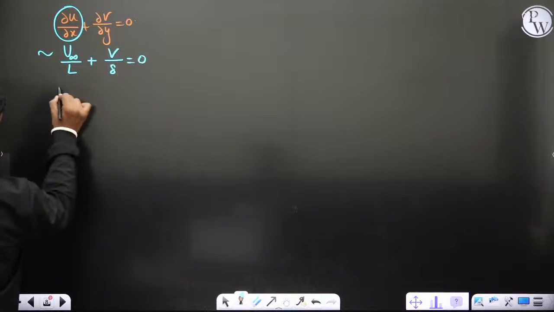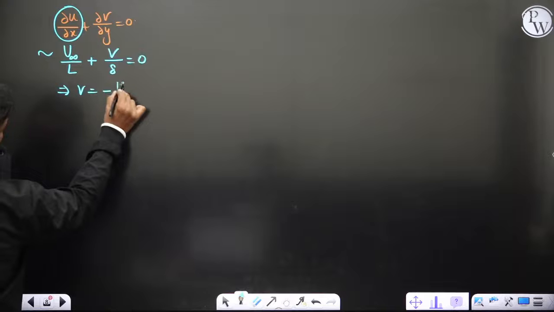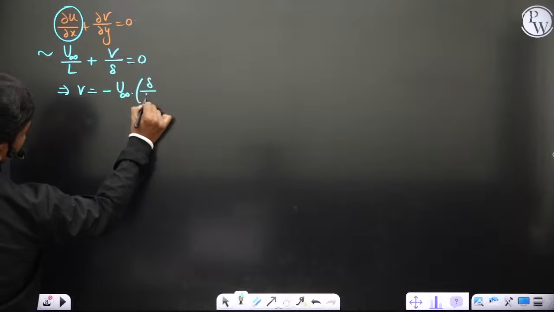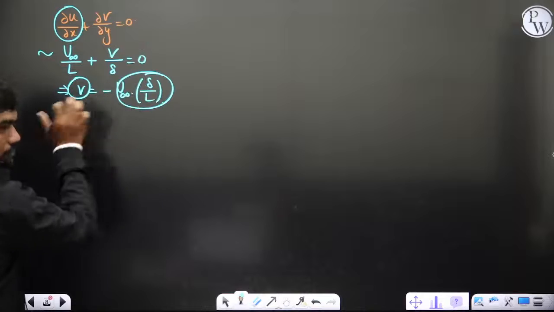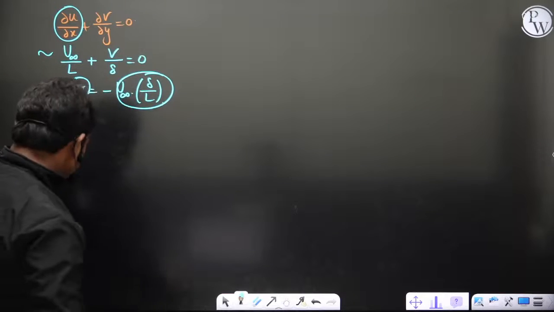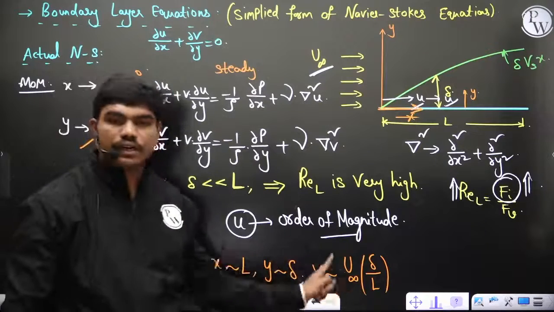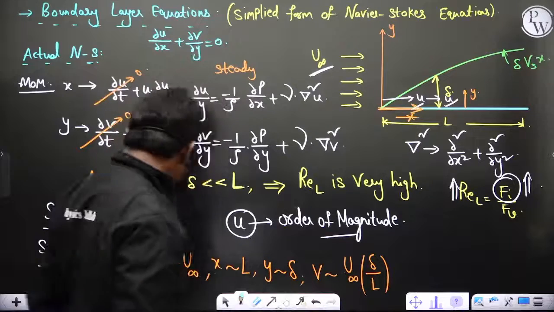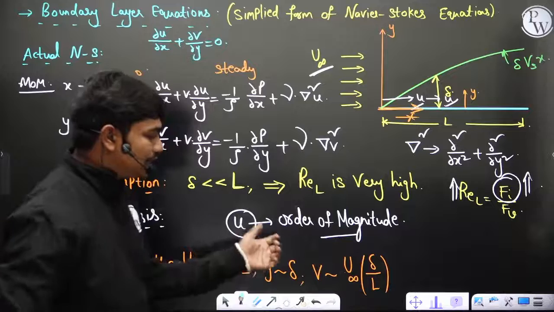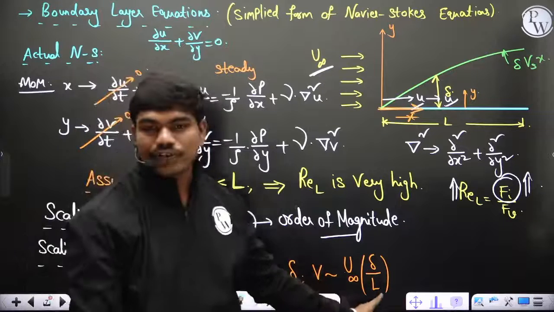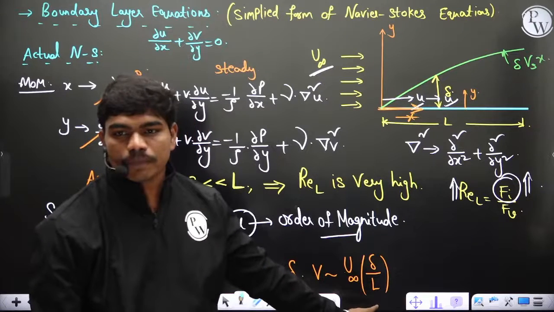So from this, v is equal to minus u infinity delta by L. That means the magnitudes of both are comparable. Understood? So that's why I'm comparing v with u infinity delta by L. This is the physical reason, and this is the mathematical reason from the continuity equation, why you can take v scaling to u infinity delta by L. Is this clear to all of you?